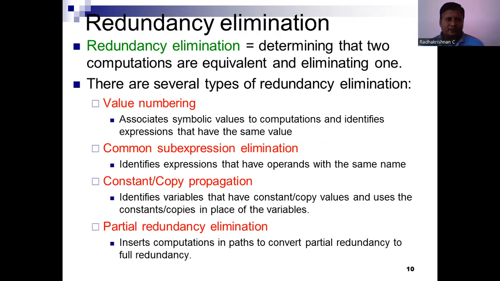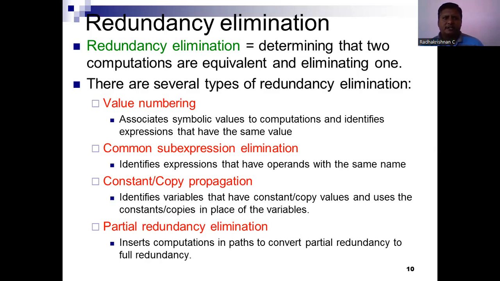Suppose pi equals 3.14 and the area of a circle is pi r squared. The pi value is stored in memory, the memory reference is fetched, the operation is performed, and only after that is the value obtained. Whenever the program executes, the pi value never changes, so in that case we can directly store the constant value.